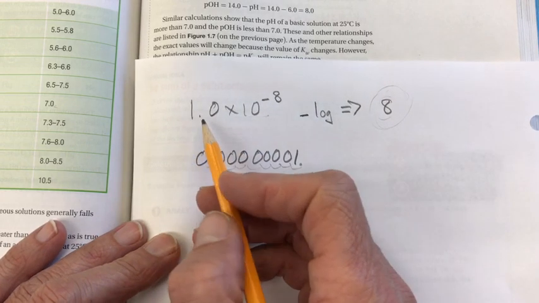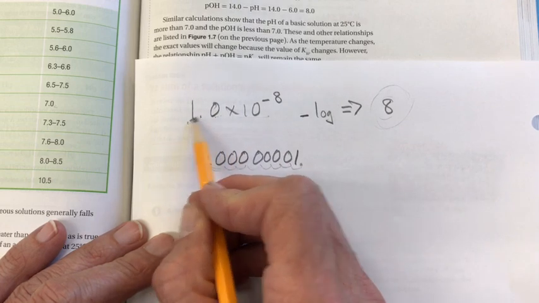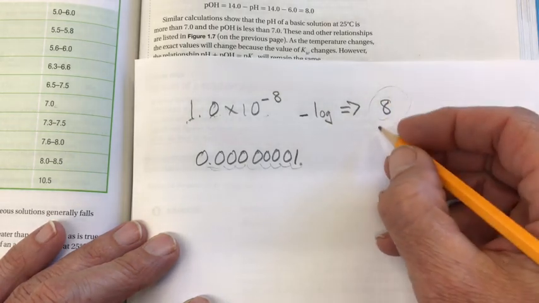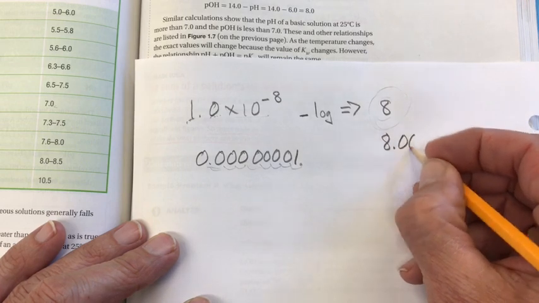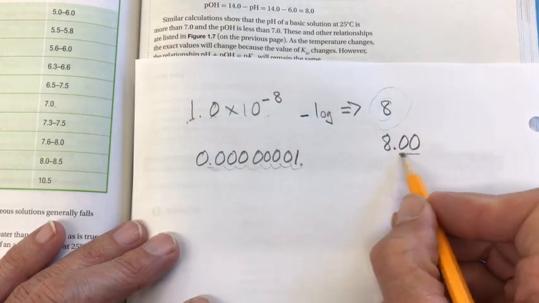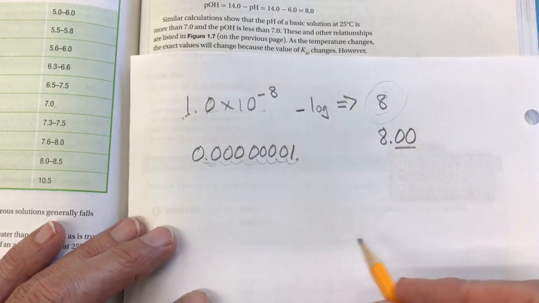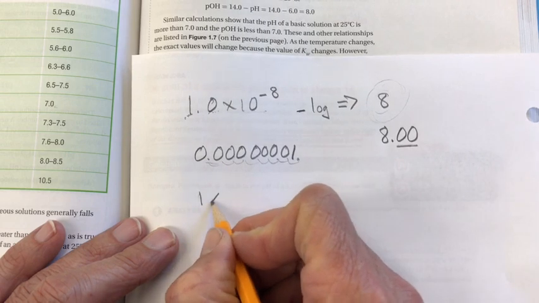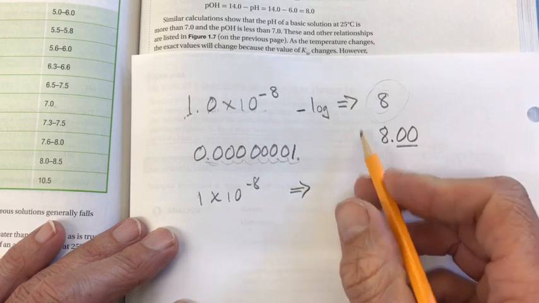So if we have here 2 sig figs, 1, 2, we need to answer with 2, and the 8 doesn't get to count. So the correct way to write it with 2 sig figs would be 8.00. That's going to bother a lot of you, but here are our 2 sig figs. This does not count as a sig fig or significant figure. So lots of times you'll see a number written 1 times 10 to the negative 8. How would I write that in logarithmic number?